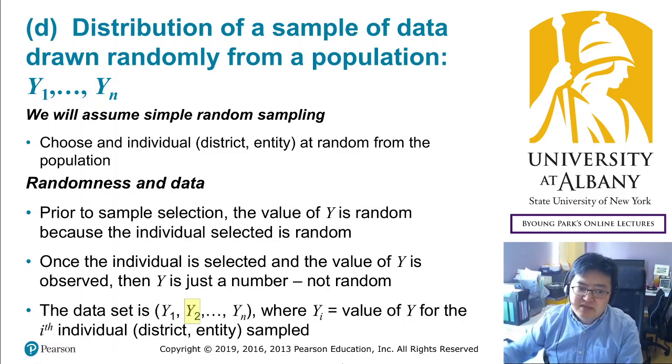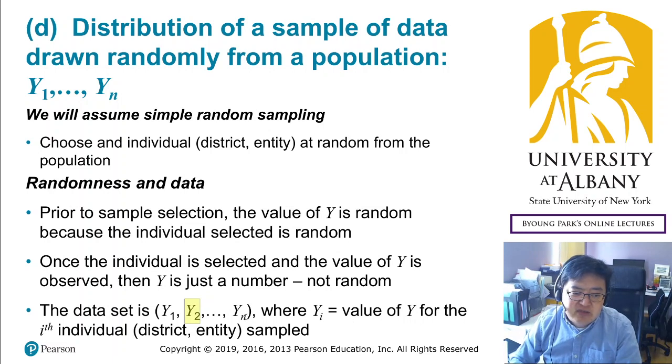Repeat that many times. Then n is the total number of repetitions, and yi is just a representative notation for the ith observation. Y is the value.